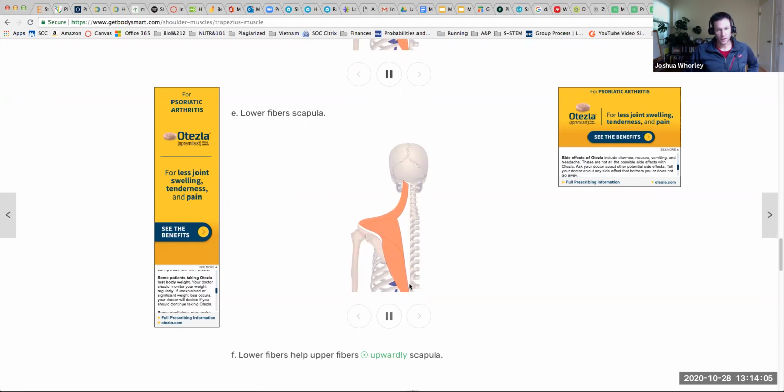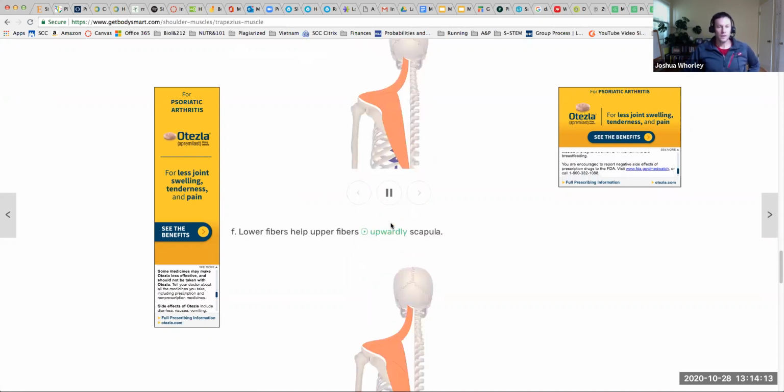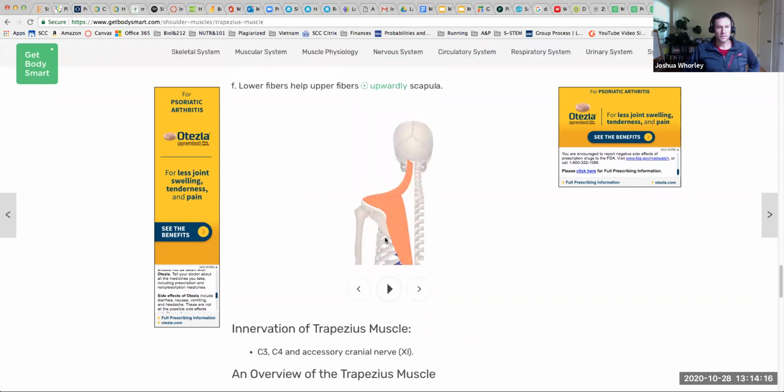So it's responsible for all of these movements you're able to do here: pulling your shoulders back, pulling them up, pulling them down. That's all the trapezius. All right, that's our trapezius.